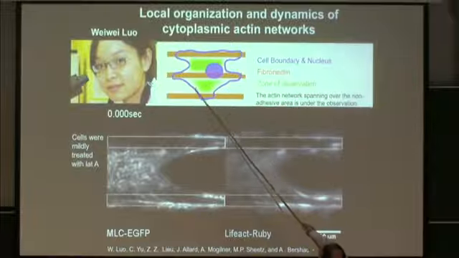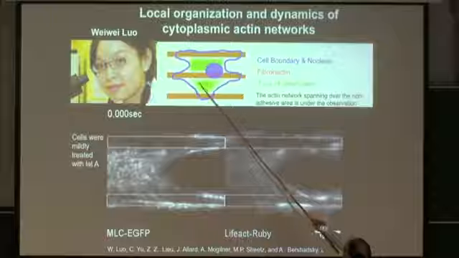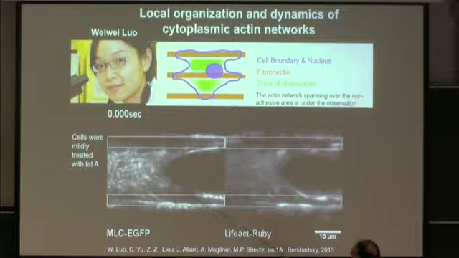So we concentrated on the region of the cell which is not related to adhesion, just forming this bridge above the non-adhesive substrate, and tried to look at the organization of the cytoplasm in this cell.